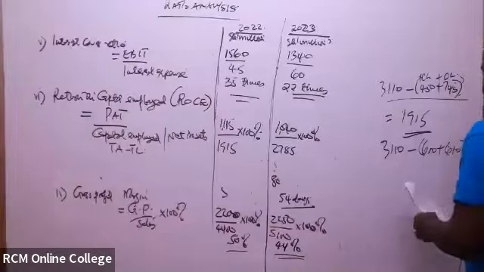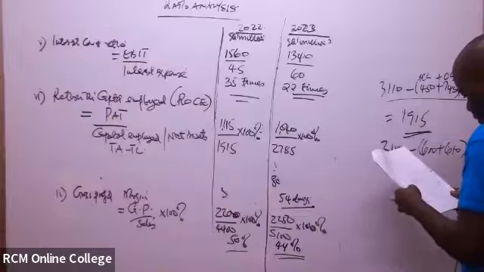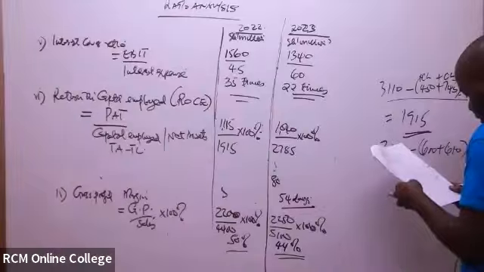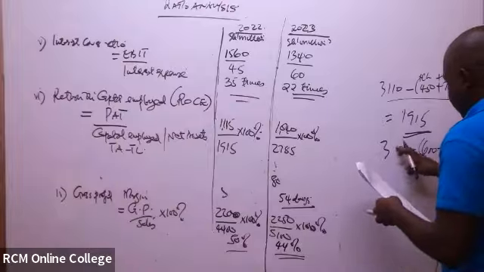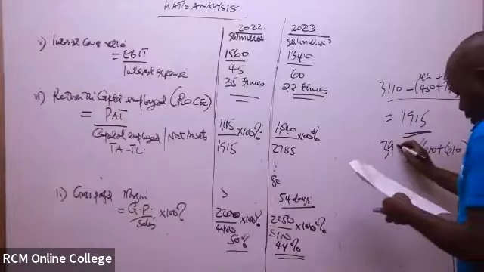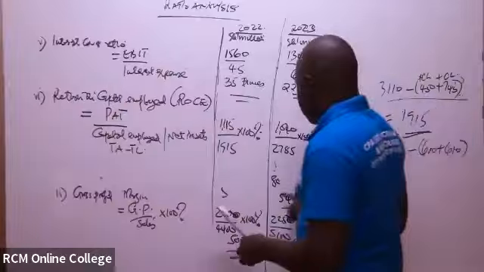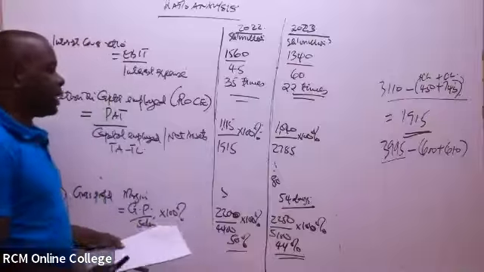You should get 2785. So 3995 is the total figure. If you do the minus, you should get this one. Then you multiply with 100%.